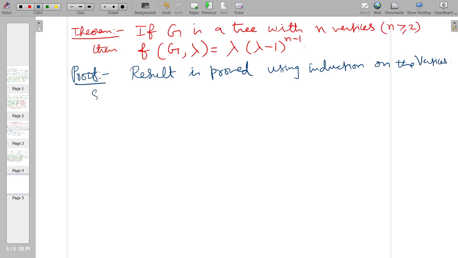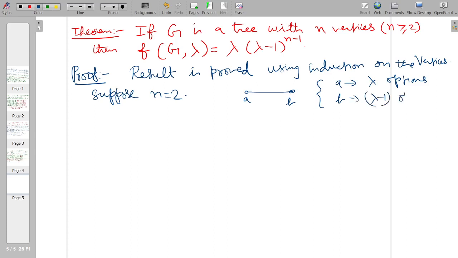Okay. Suppose n is equal to 2. I'll have K2 because this is a tree. And here if I take this, A will have lambda options and B will have lambda minus 1 options.